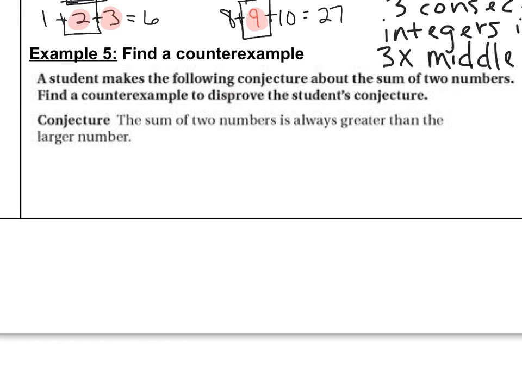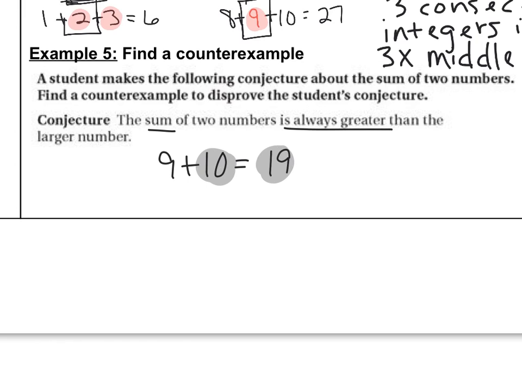The conjecture is that the sum, again the addition, of any 2 numbers is always greater than the larger number. So something to that effect would be like 9 plus 10 is equal to 19. The sum, which is 19, is greater than the larger integer.